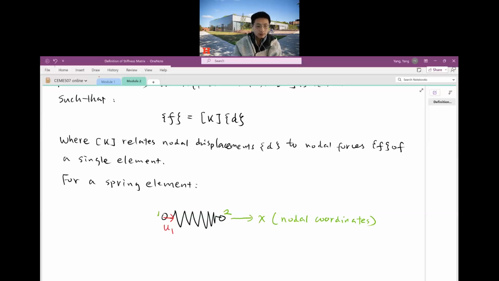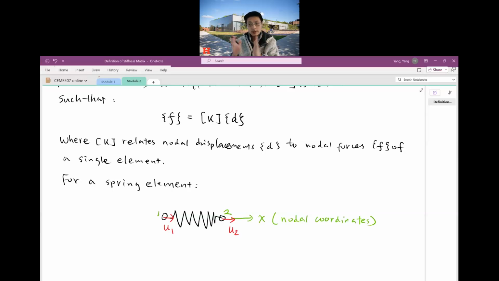So u stands for the displacement in the x direction. Similarly, we have the displacement of node 2 in the x direction, so we use u2. How about the direction perpendicular to the axis?